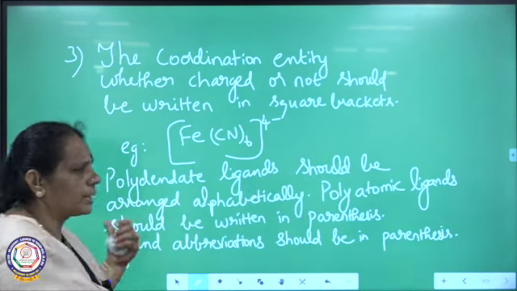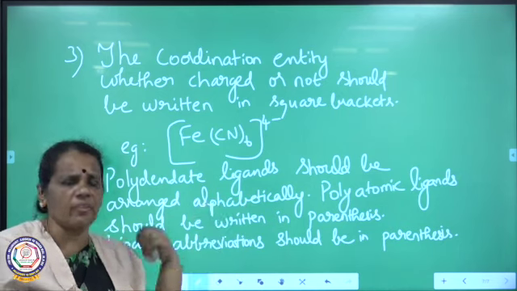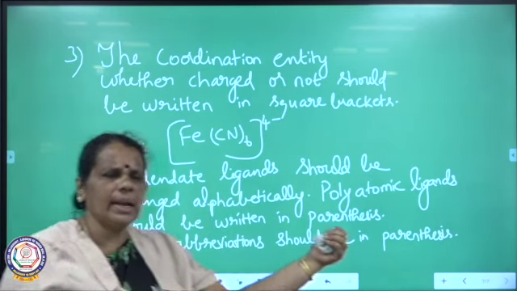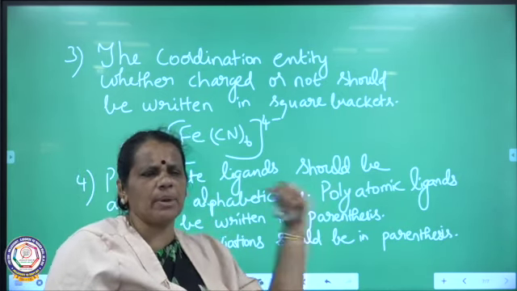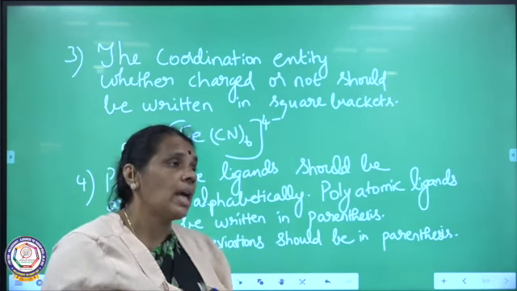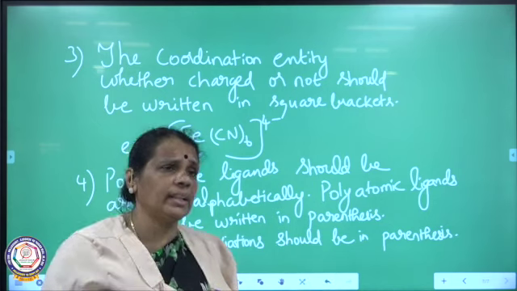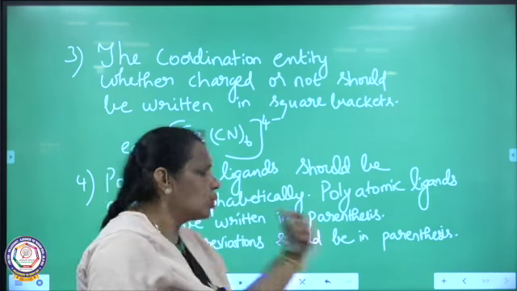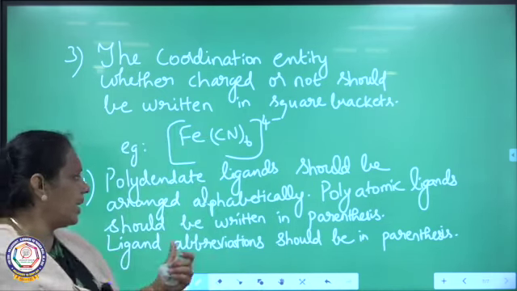So the fourth rule is polydentate ligands should be arranged alphabetically. Polyatomic ligands, already I told you, have two different atoms that can readily donate the electron pair to the central metal ion. So polyatomic ligands should be written in parenthesis.